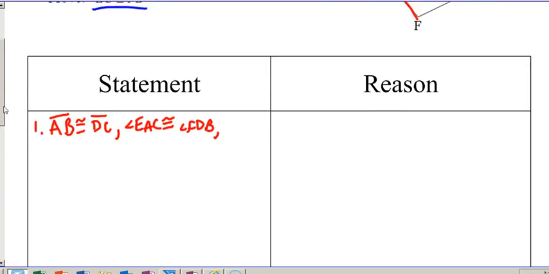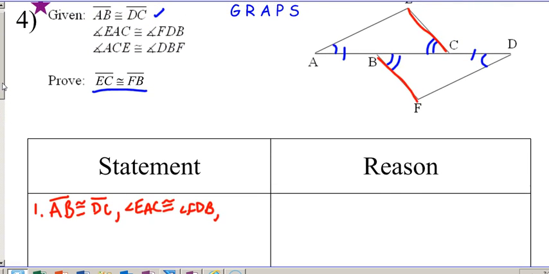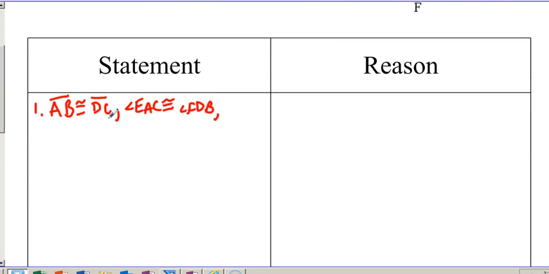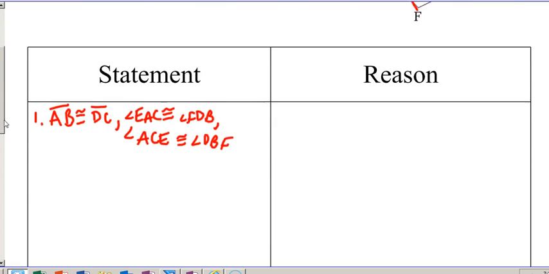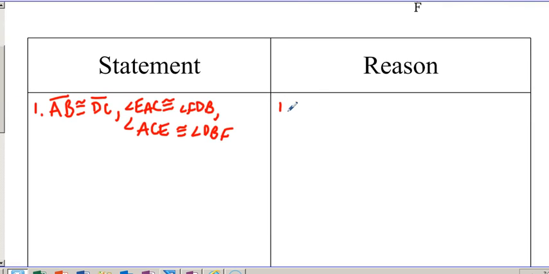One more pair of angles. ACE, DBF. Let's see if I got those right. ACE and DBF. Okay, great. So those are givens.